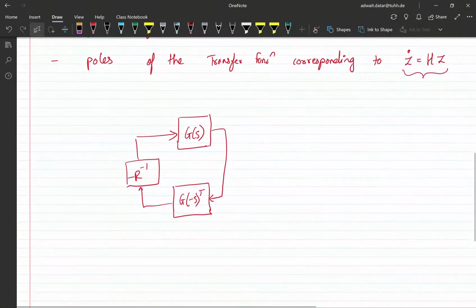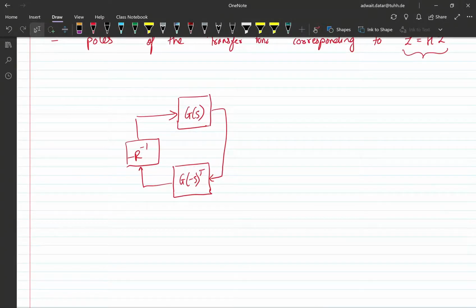Now we will consider for simplicity just the single input single output case. So let G of s be represented as P of s over A of s.